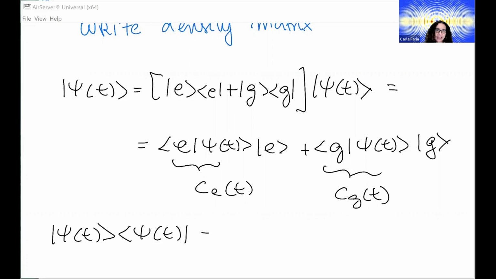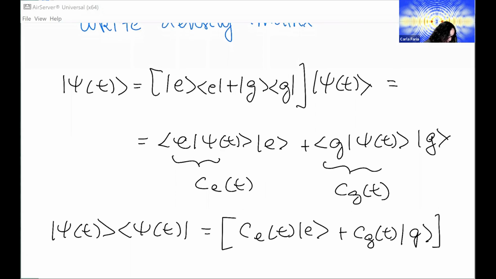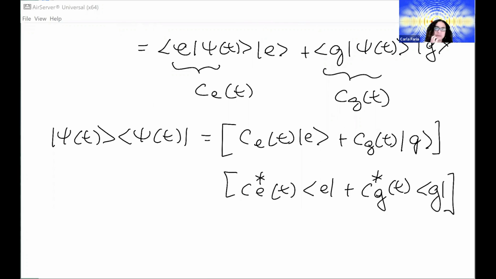And we're then going to have that this is going to be c_e(t)|e> plus c_g(t)|g> applied to c_e star(t)<e|, which is just what you would have for the dual vectors in the dual space. So you take the conjugate of the overlap integrals and you take the corresponding bras.